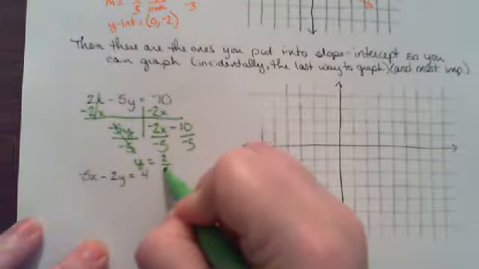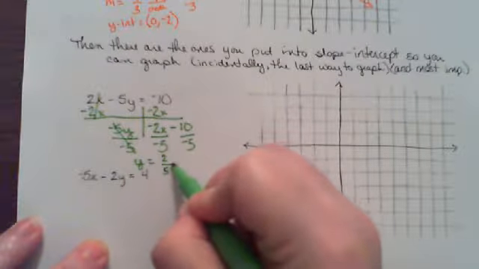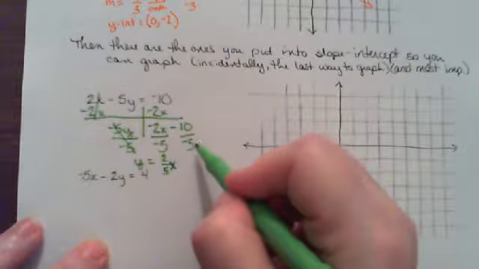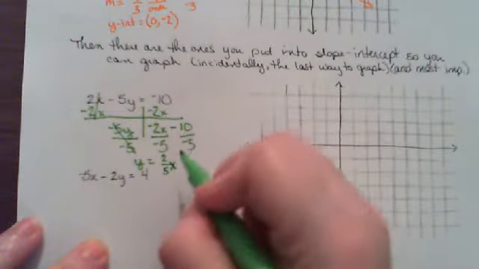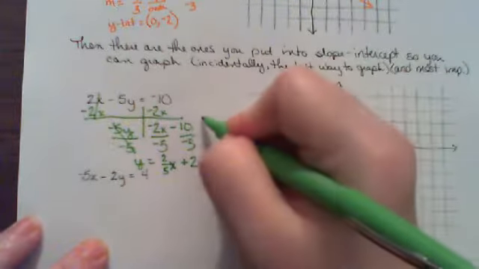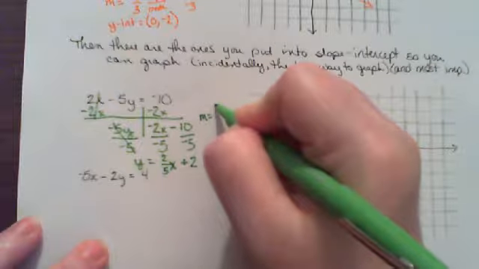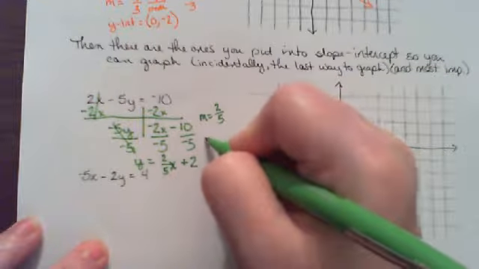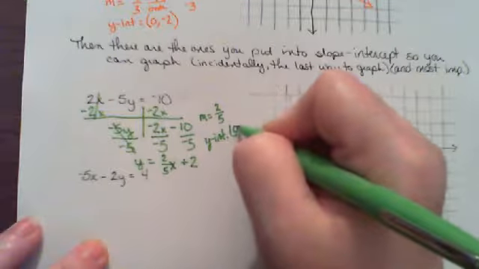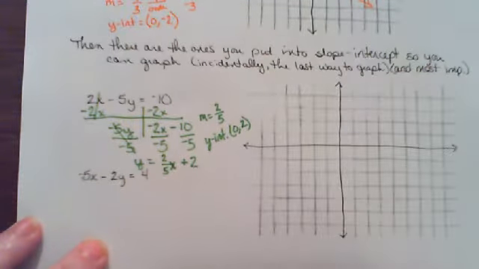I end up with a positive 2 over 5x. Then my negatives cancel out here, plus 5 goes into 10 2 times, so that's plus 2. Which means my slope now is 2 over 5, and my y-intercept is 0, 2.